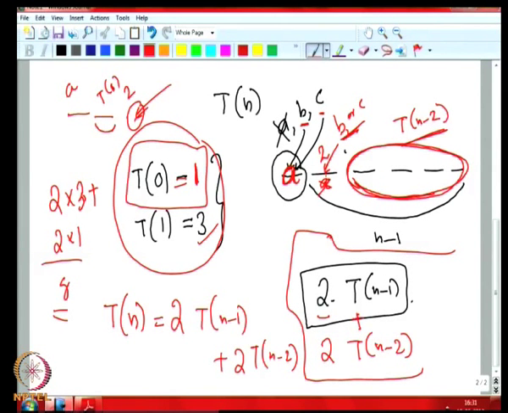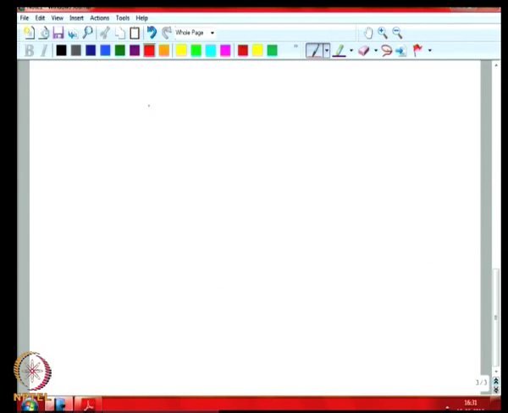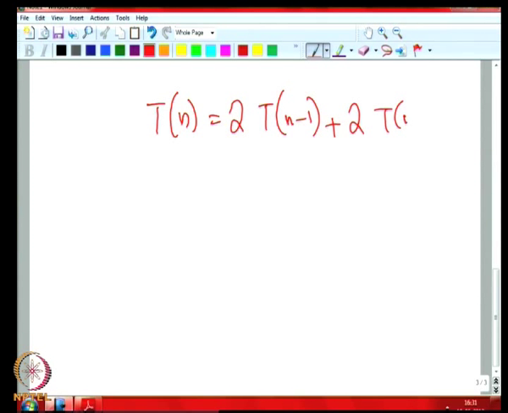Now what we do is we try to solve this: T of n equal to 2 times T of n minus 1 plus 2 times T of n minus 2, with T of 0 equal to 1 and T of 1 equal to 3.